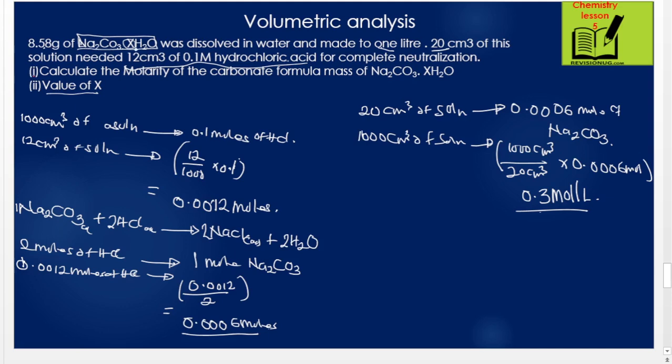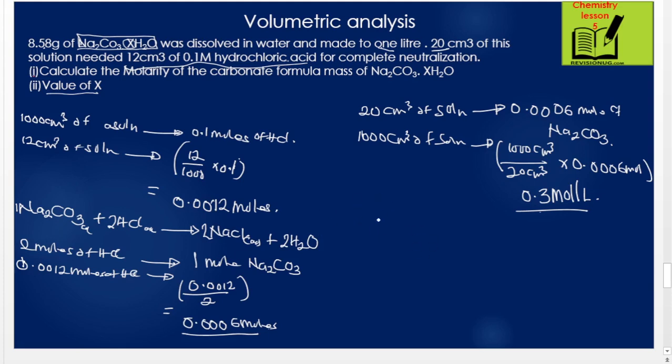8.58 grams of sodium carbonate was dissolved in water to make 1 liter, meaning that's the concentration in grams. Then what we have done is the concentration in moles, meaning that 0.3 moles is equivalent to 8.58 grams in terms of mass. Understood? Right.